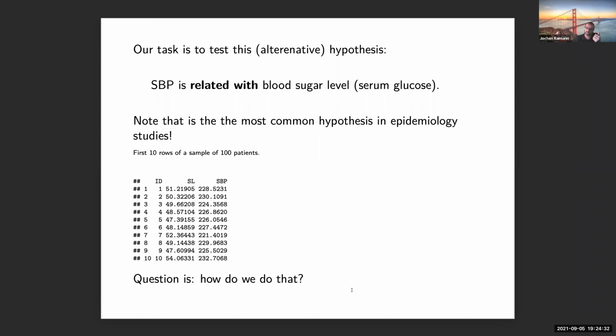This is where things come into play and interact with each other, in a way that you will need additional information fed into your model to account for that and still have a stable and accurate estimate of what you want to predict, which is here SPB as a function of blood sugar level. This is the way you have to approach epidemiologic studies.